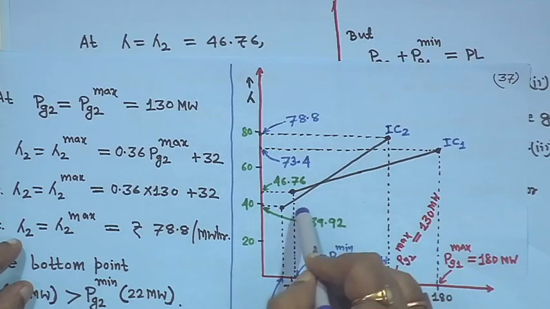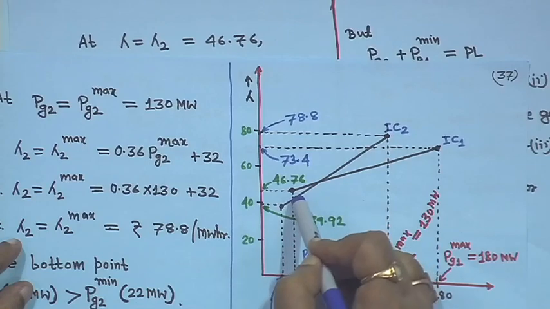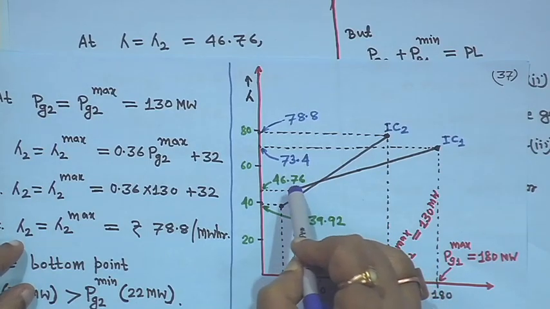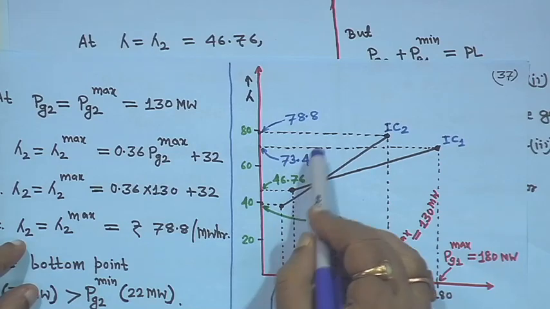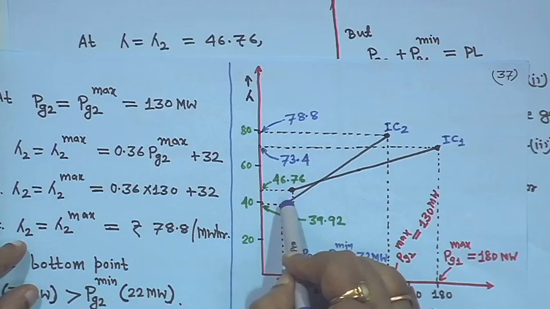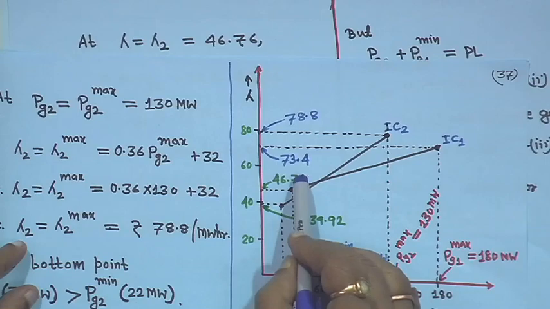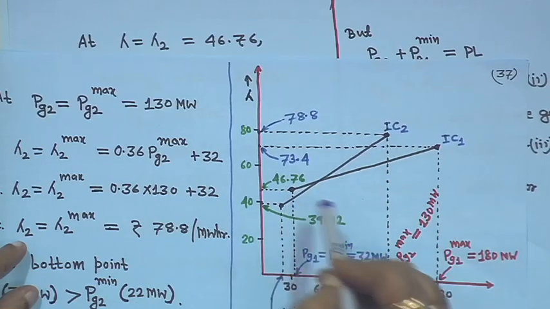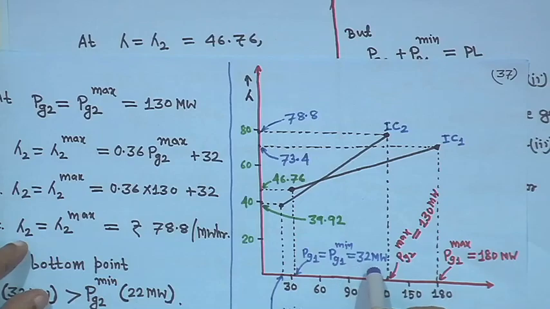That means this Pg2, generator 2, has to take this load till it comes to 46.76, because it is on an equal lambda basis. So if you move it up, unless and until lambda comes to 46.76, IC2 only has to generate this power, because this one is fixed at that time at 32 megawatt.